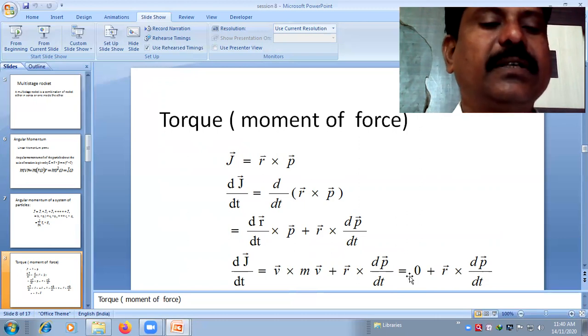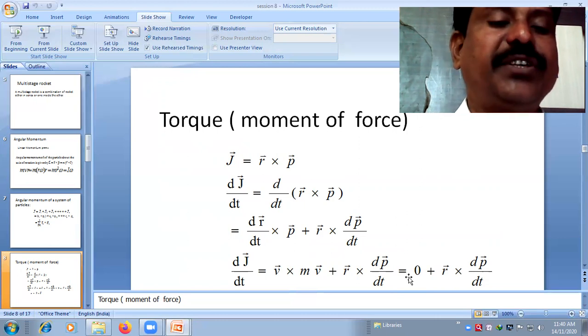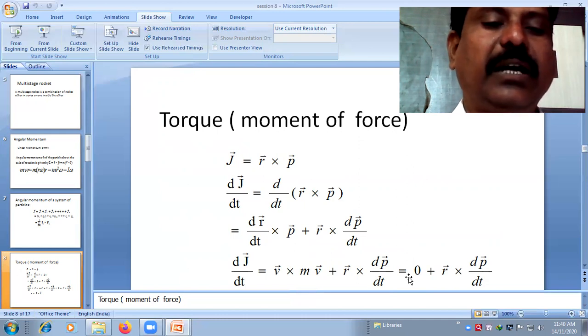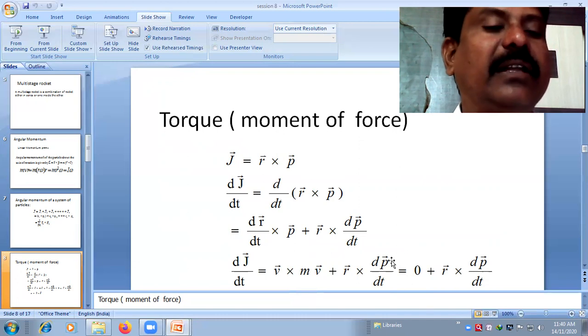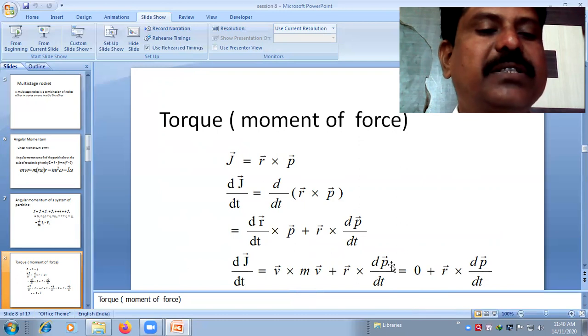I have said that it is the time rate of change of angular momentum of the particle about a fixed point.